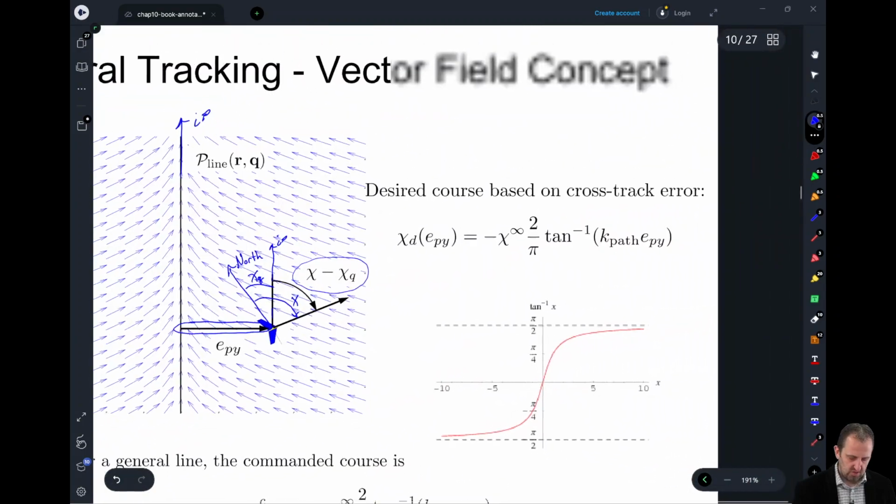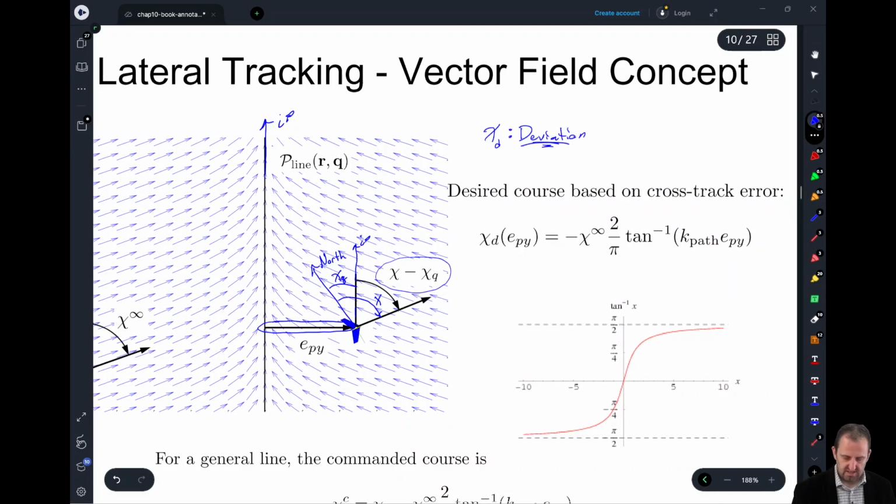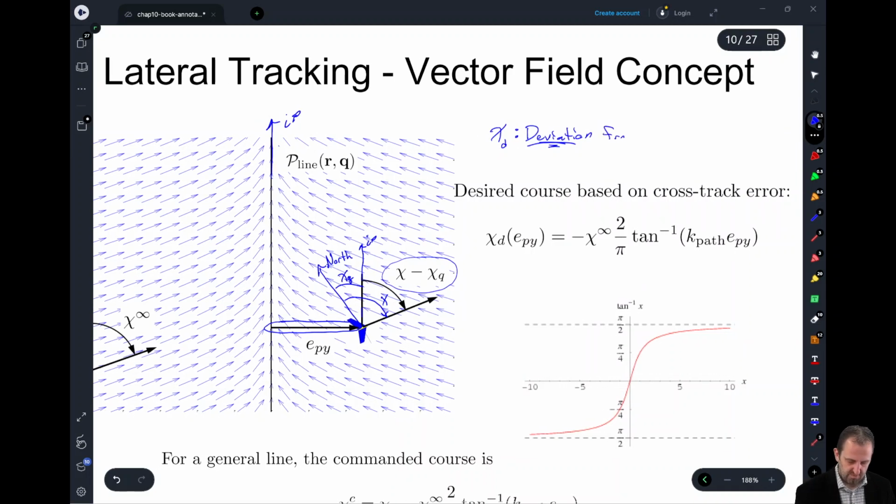So we have to now choose our desired course angle. I said desired, but we're going to do a deviation. So this guy is going to be the deviation, not the desired, so keep that in mind. This is our deviation from the line course angle.